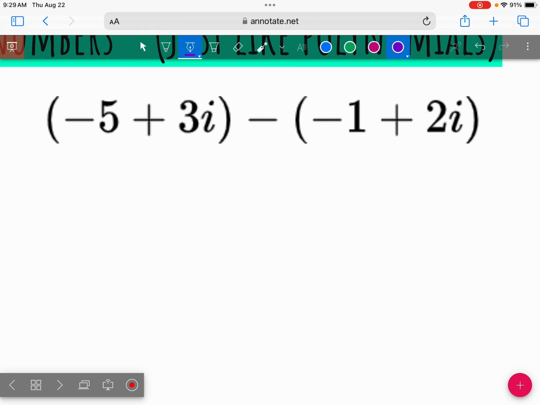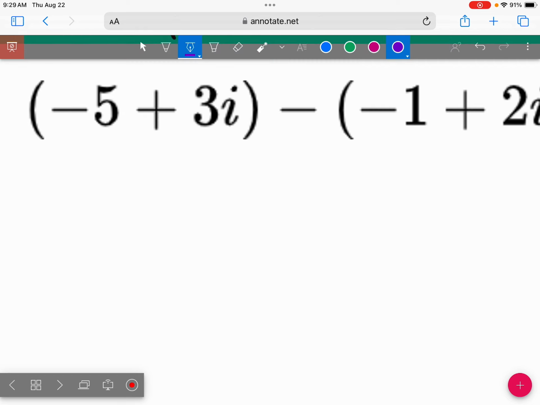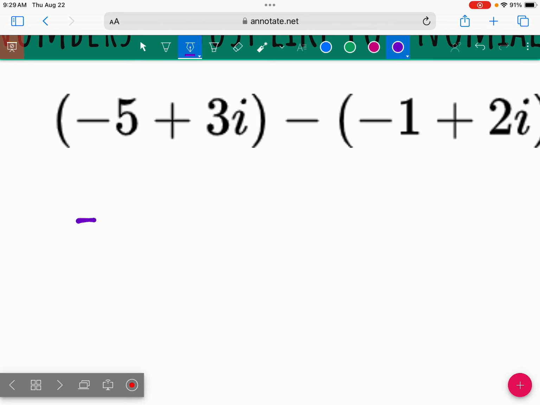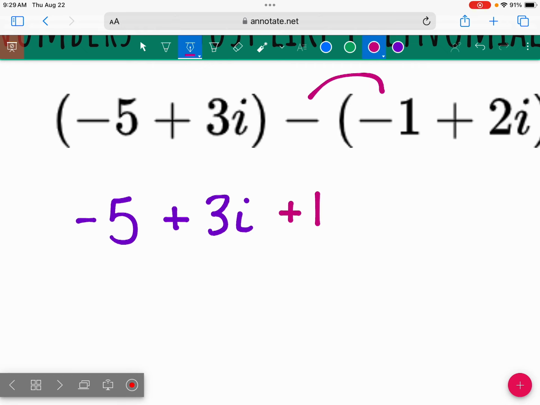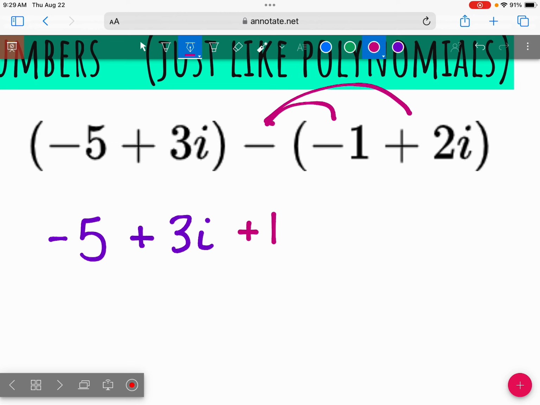Distribute the minus sign. So this is the same thing as saying minus 5 plus 3i. Distribute my minus signs. We get plus 1 minus 2i.